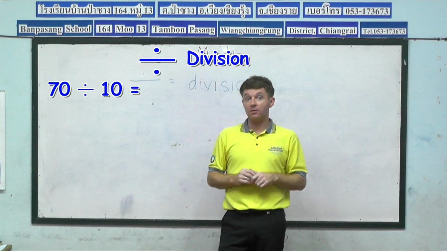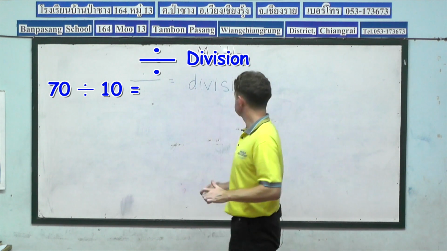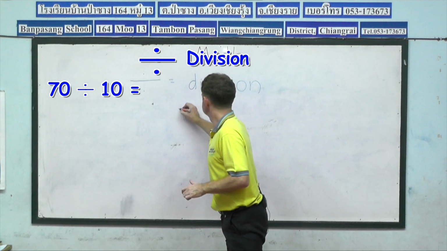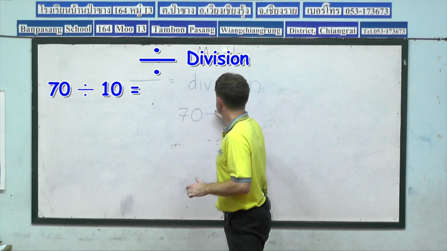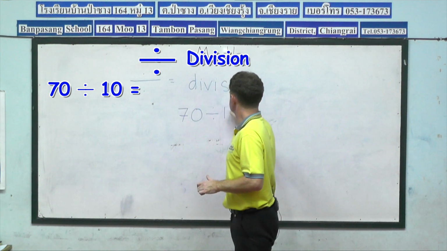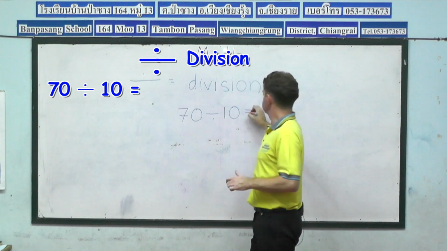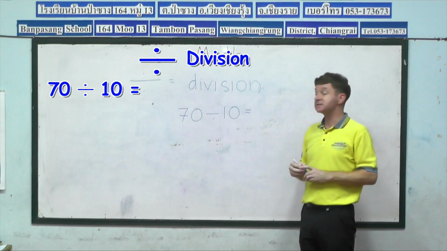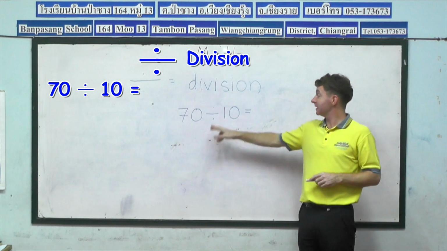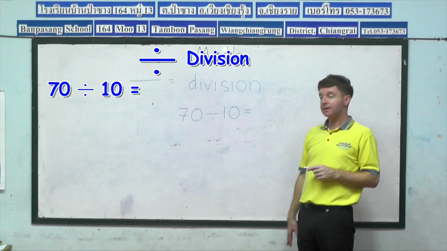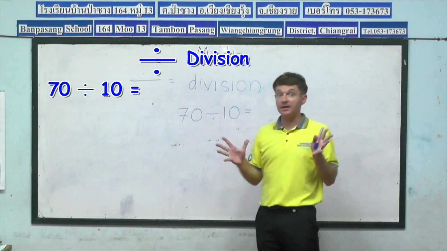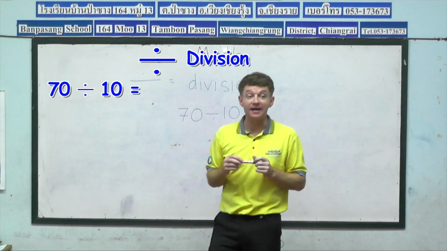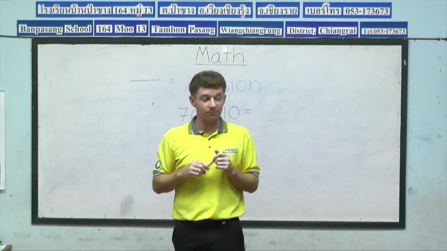So first of all, we need a division problem. And this division problem, guys, 70 divided by 10 equals. So let's see who can close their eyes and then come forward and answer this problem.